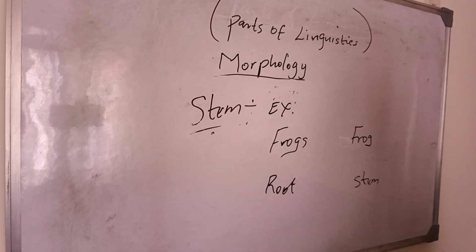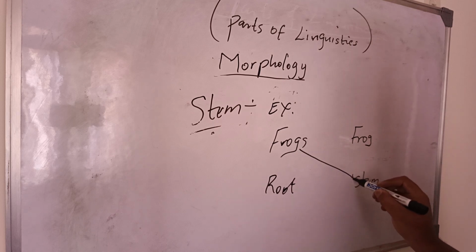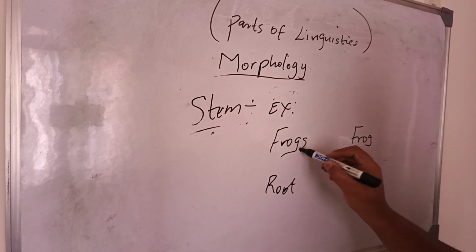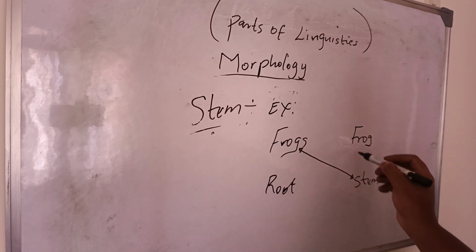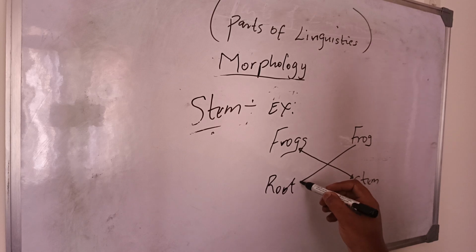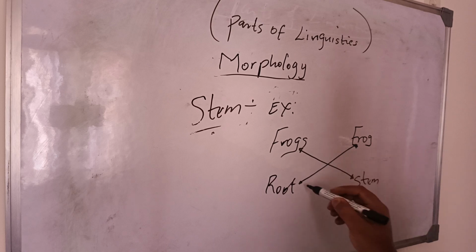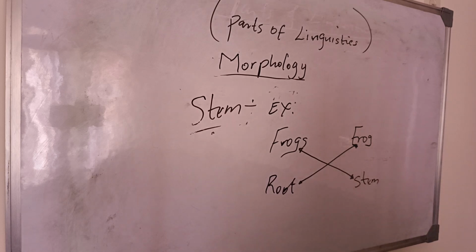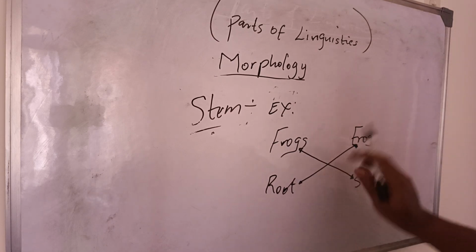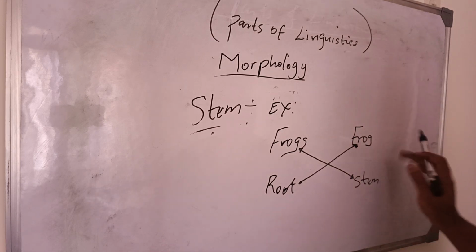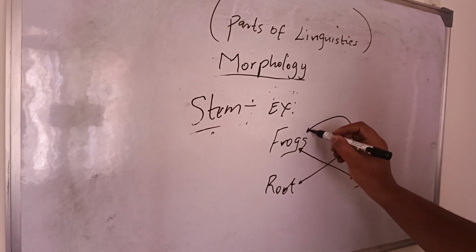The frogs is a stem, while the frog is a root. From this, frogs generate. So it's from here to here.